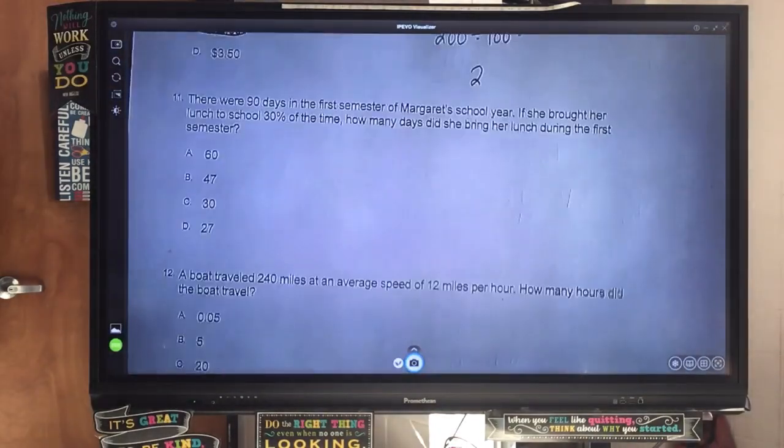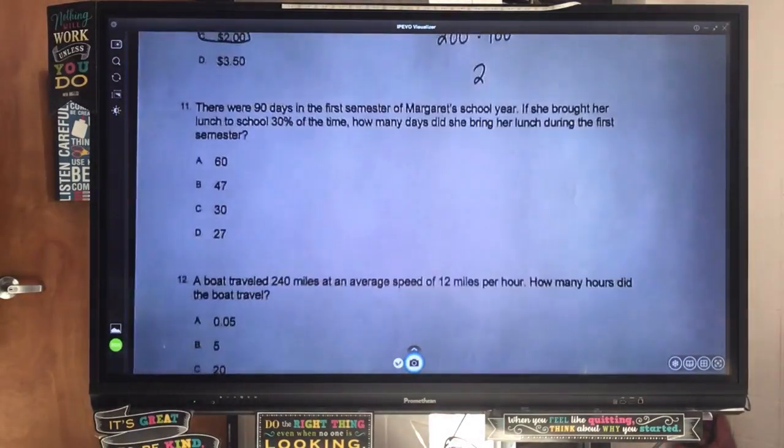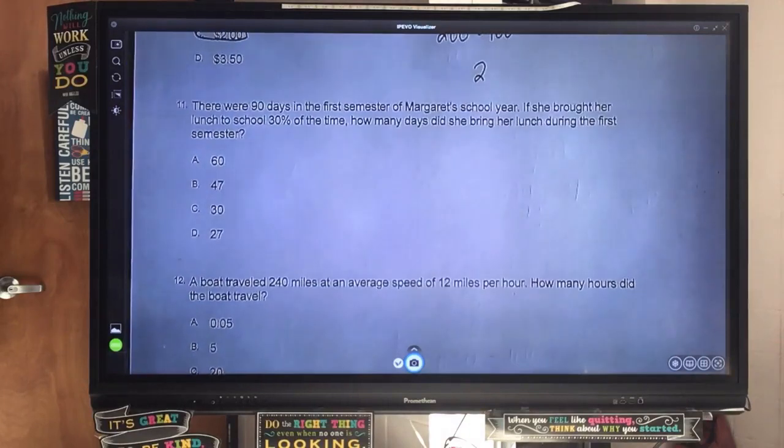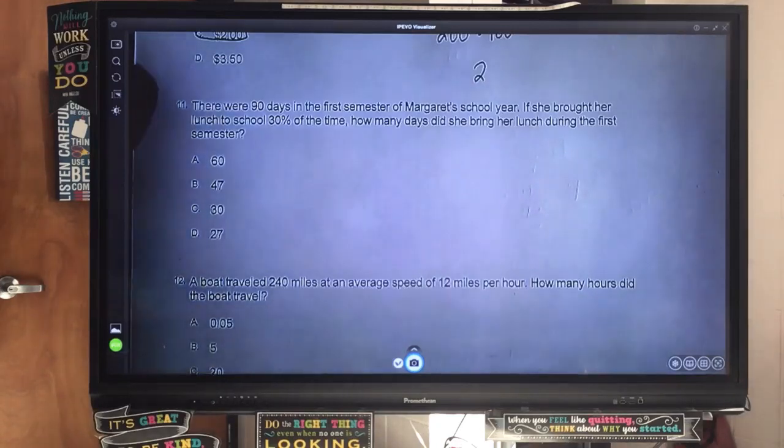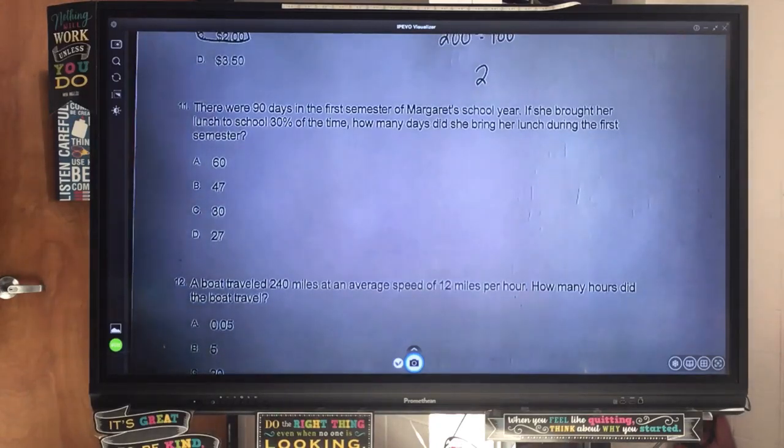Alright, number 11 says there are 90 days in the first semester of Margaret's school year. If she brought her lunch to school 30% of the time, how many days did she bring her lunch during the first semester? Alright, what's important in this question? Kylie?